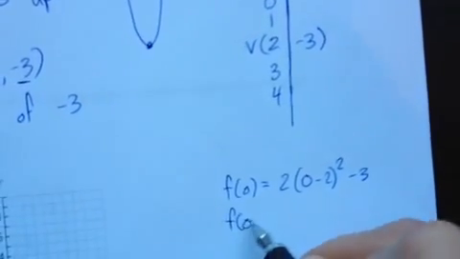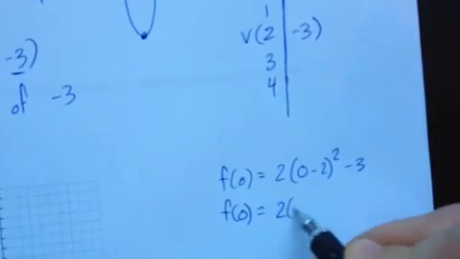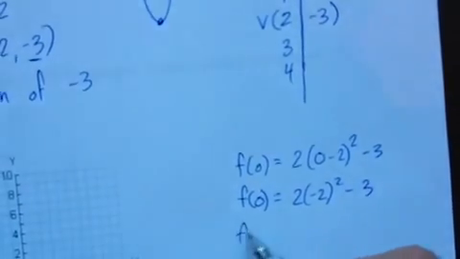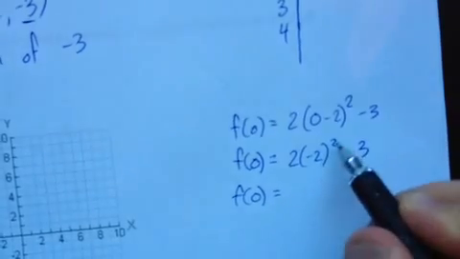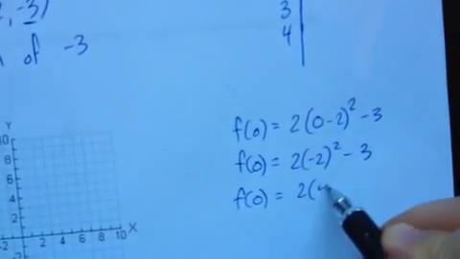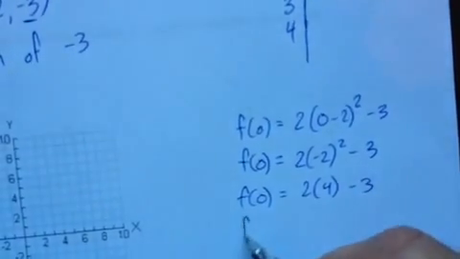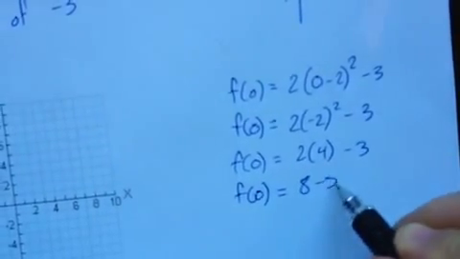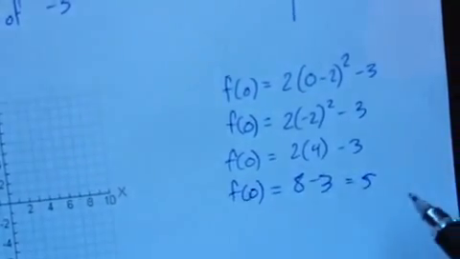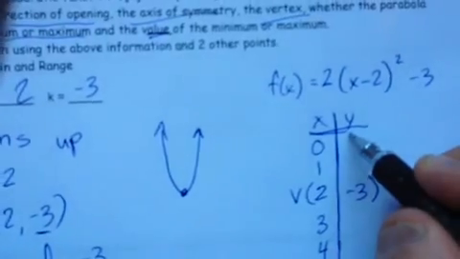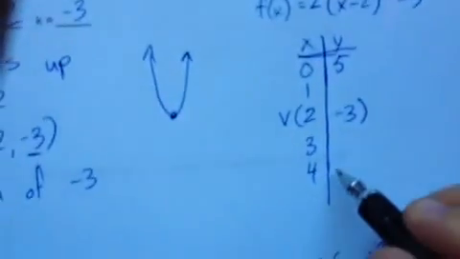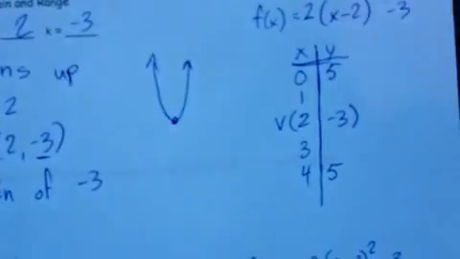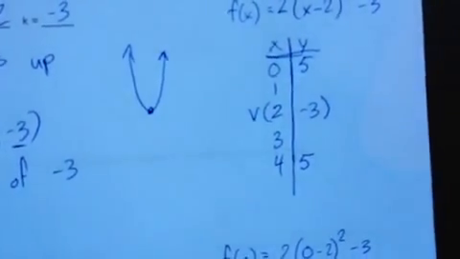This is negative 2 squared minus 3, and please make sure you do the negative 2 squared first. So 2 times 4 minus 3, so f of 0 is 8 minus 3, which is 5. So when x is 0, y is 5. That means when x is 4, y is also 5. You don't even have to check that.